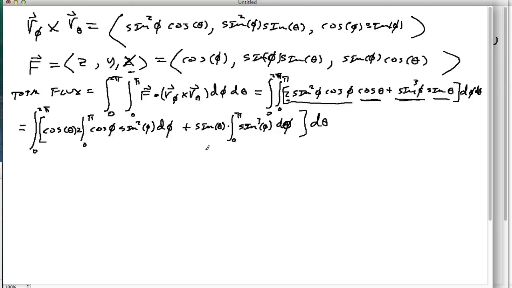Like that. Okay, so we have this integral here in phi and another integral here in phi. So it turns out if you do a u substitution on this one, if I do u is equal to sine phi, you'll get du equal to cosine phi d phi. But now when you evaluate 0 and pi, what are the limits of integration? It becomes 0 and 0.